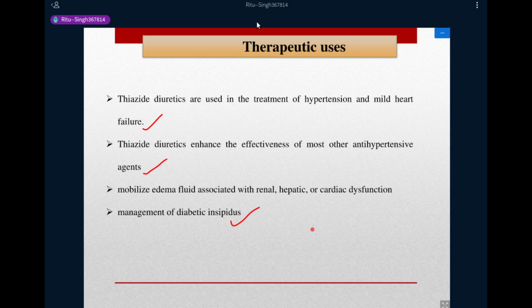But thiazide diuretics also have some adverse effects.